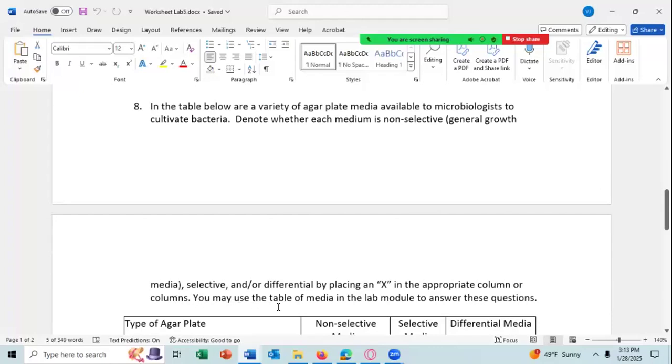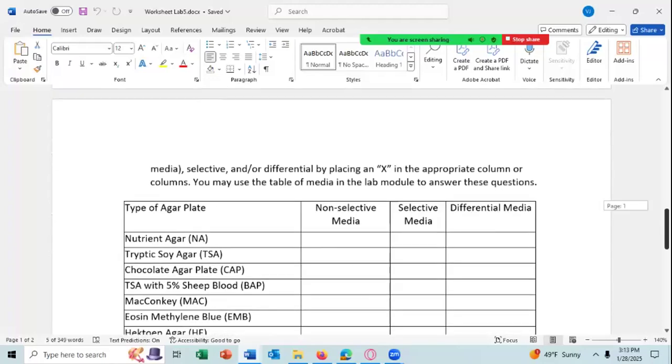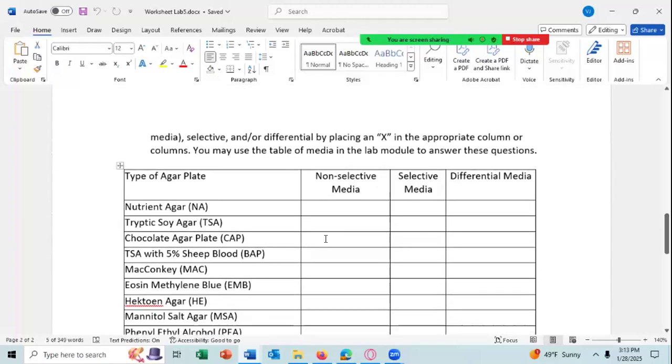You may use the table of media in the lab module to answer these questions. So nutrient agar, is it non-selective, selective, or differential, or potentially all three? I'll tell you off the top of your head, you'll never get all three because you can't be both non-selective and selective.